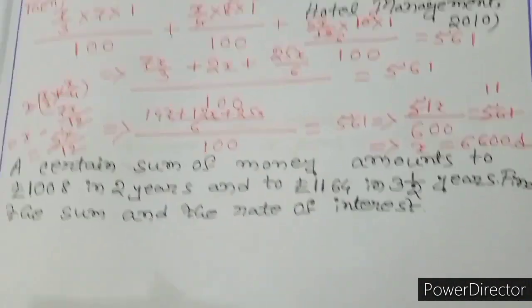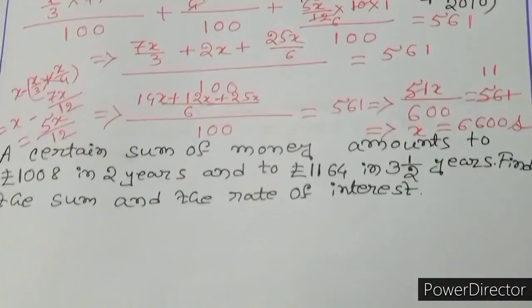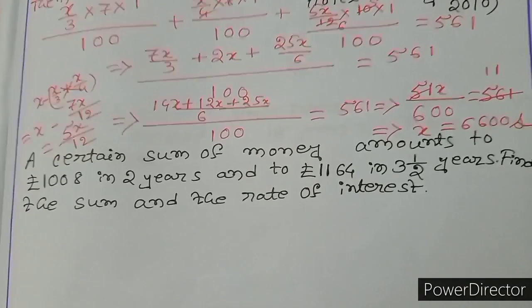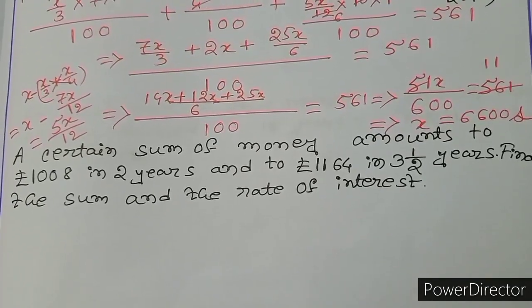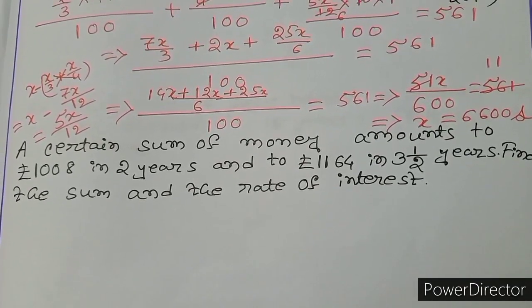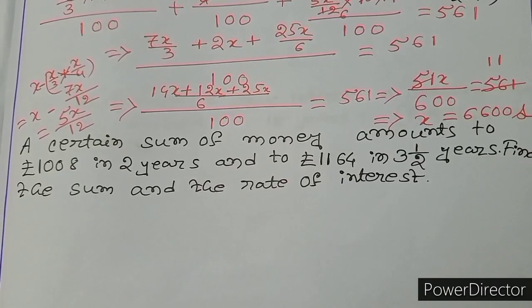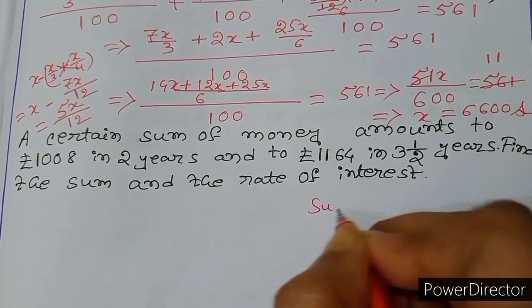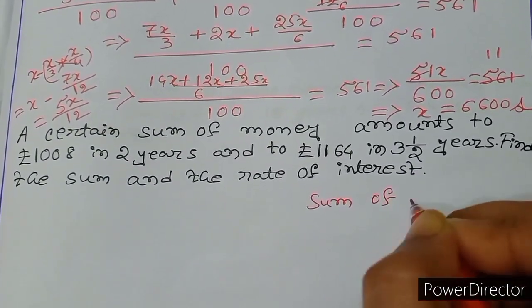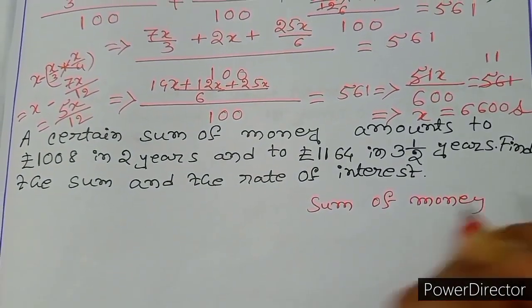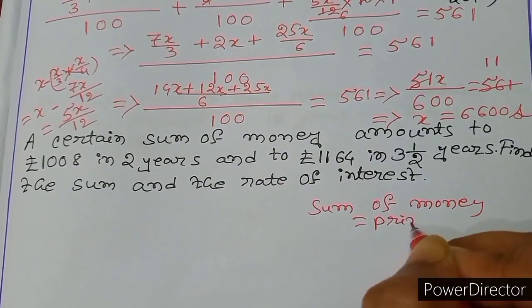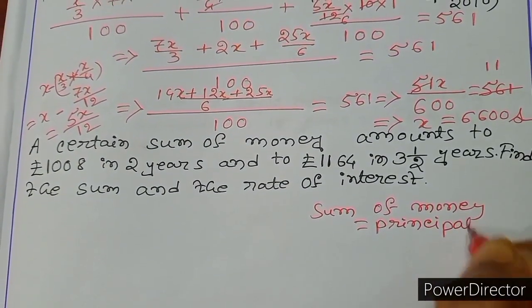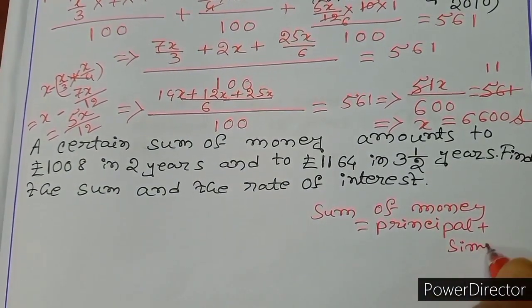Next question. A certain sum of money amounts to 1008 in 2 years and to 1164 in 3 1/2 years. Find the sum and the rate of interest. We know sum of money equal to principal plus simple interest.